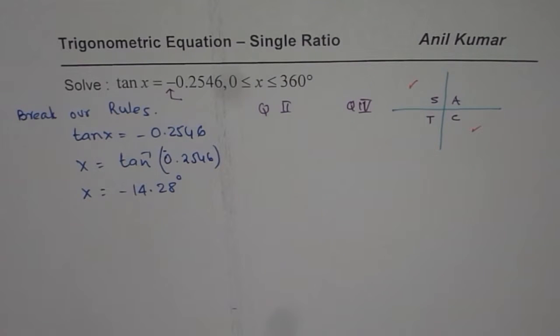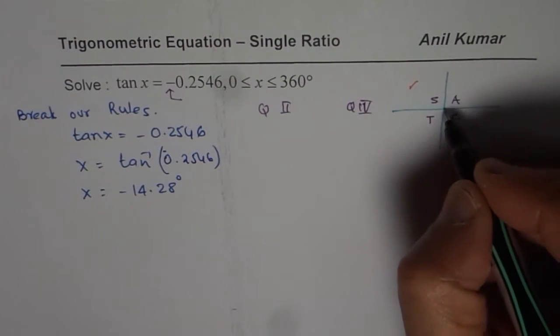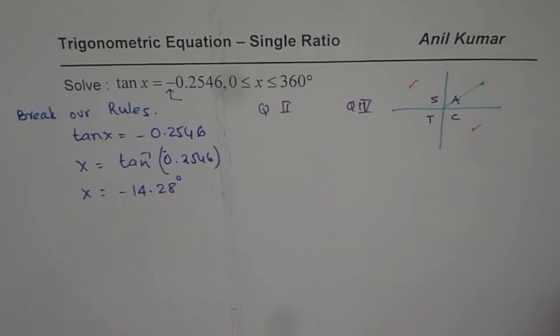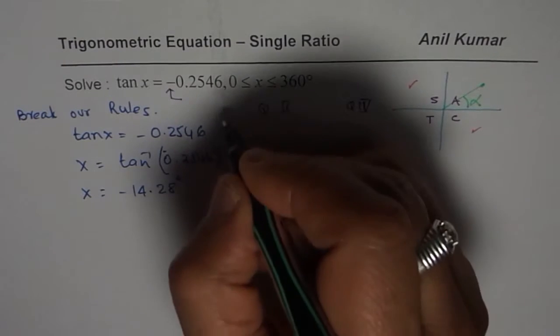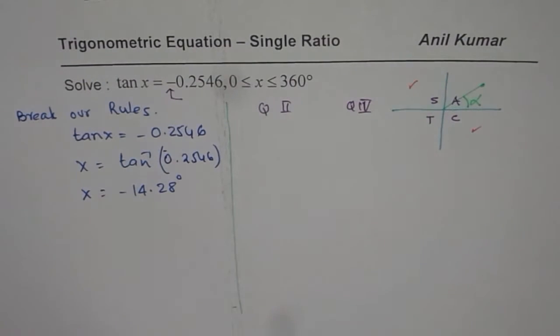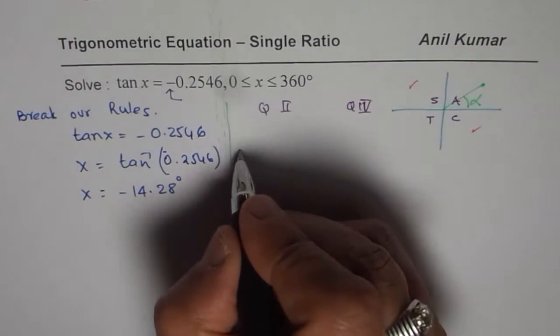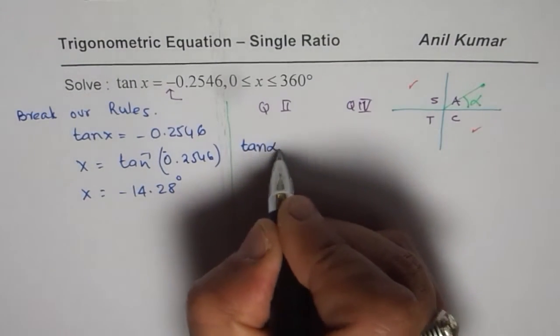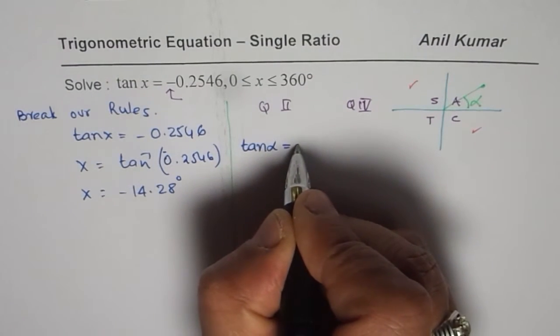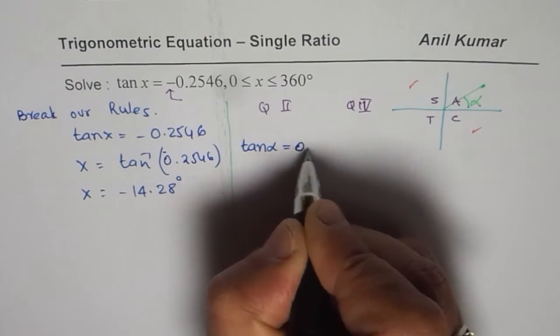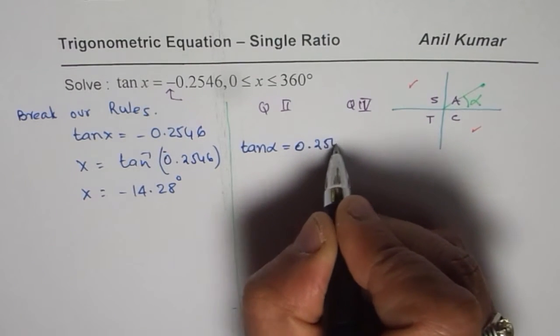The acute angle for us has to be in quadrant 1, right? So let's say this angle alpha is what we will find first. This is not our answer, right? So we change the equation. We say tan of alpha equals, we'll drop the sign, 0.2546.